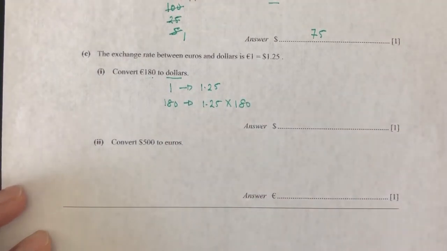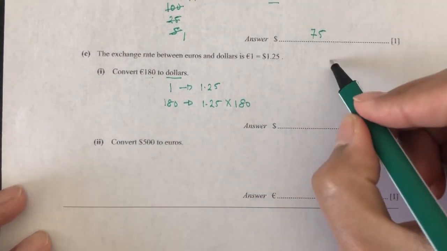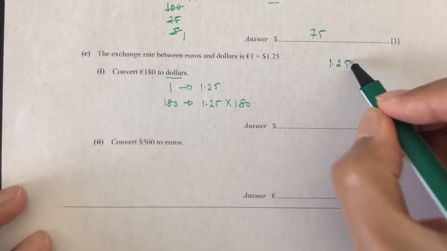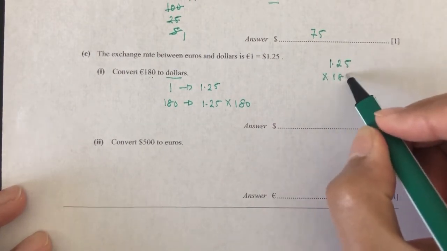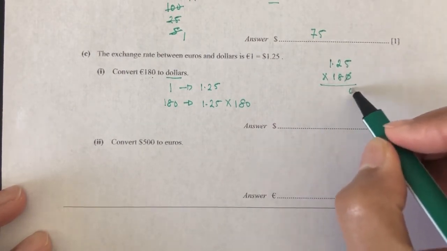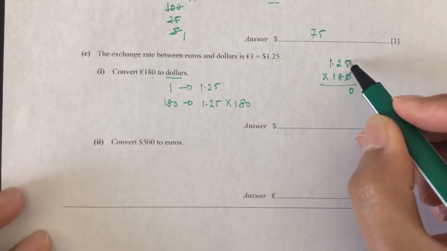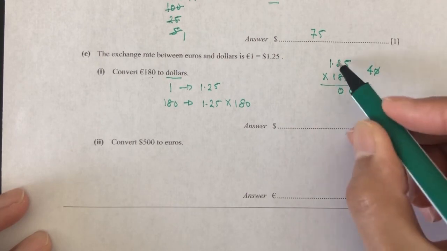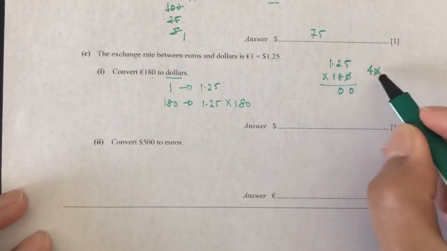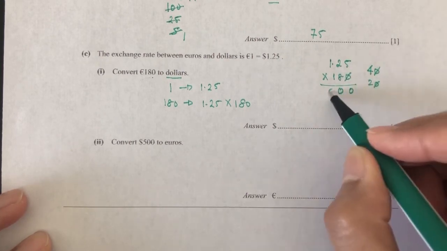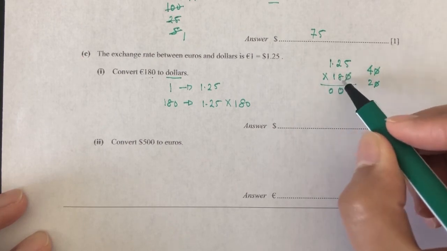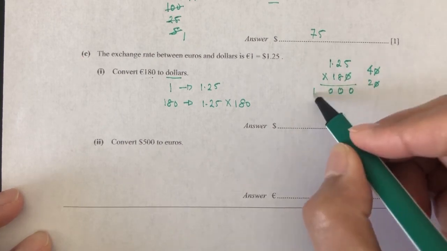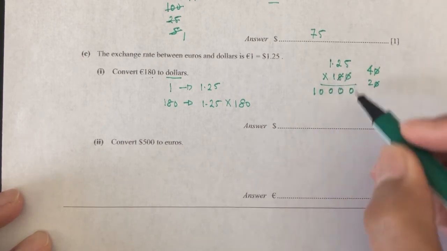So let's do that. We have 125 times 180. We have 5 times 8 is 40. 2 times 8 is 16, plus 4 is 20. And we have 1 times 8 is 8, plus 2 is 10.